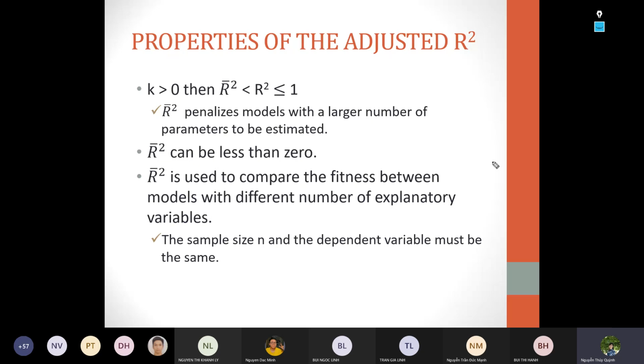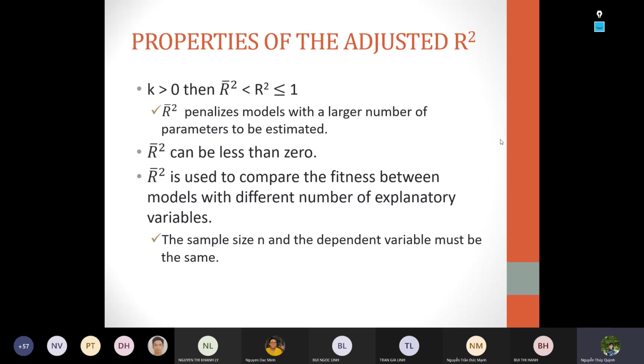The adjusted R square is used just when you want to compare the goodness of fit between different models, and when you consider adding one more independent variable into the model. When you want to report the goodness of fit of the sample regression model, you still use R square.